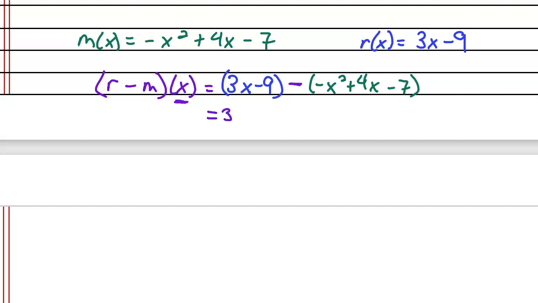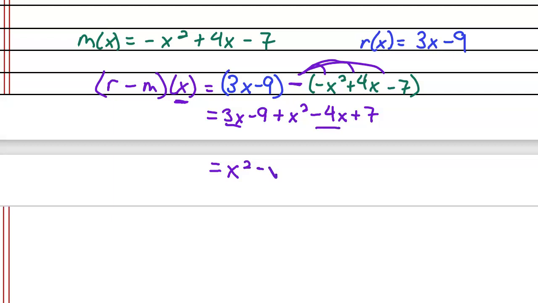So I'm going to have 3x minus 9 plus x squared minus 4x plus 7, because remember, I have to distribute that negative to everything in the second function. That will give me x squared minus x minus 2.